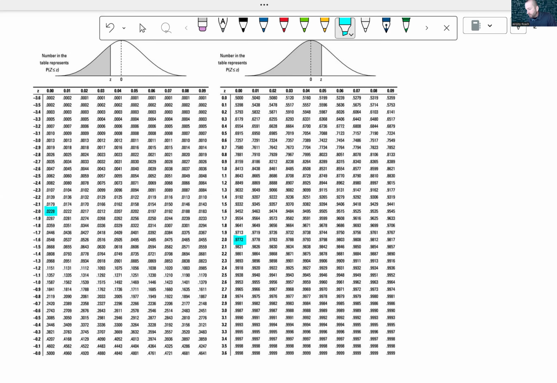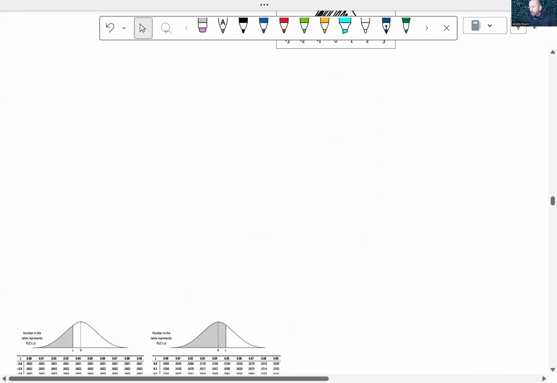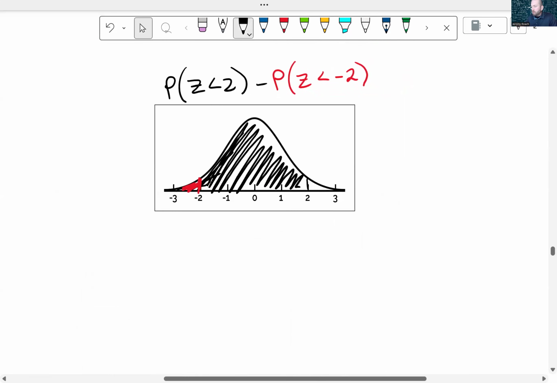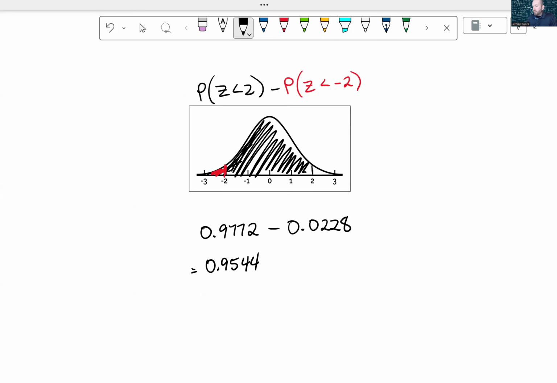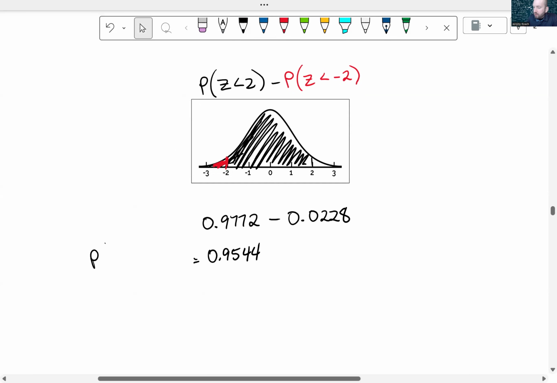It's 0.9772 for z is 2.0 and 0.0228 for when z is negative 2.0. Now we're just going to plug these numbers in, and this becomes 0.9772 minus 0.0228, and that is equal to 0.9544.